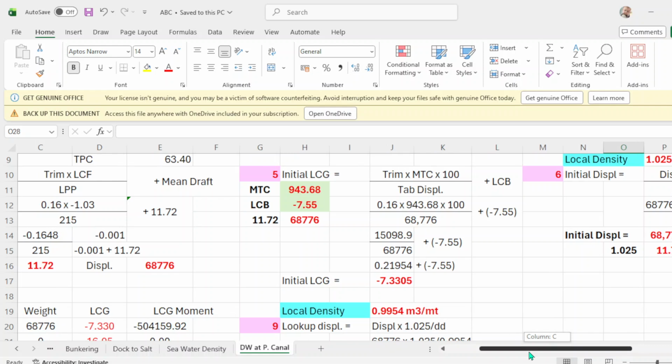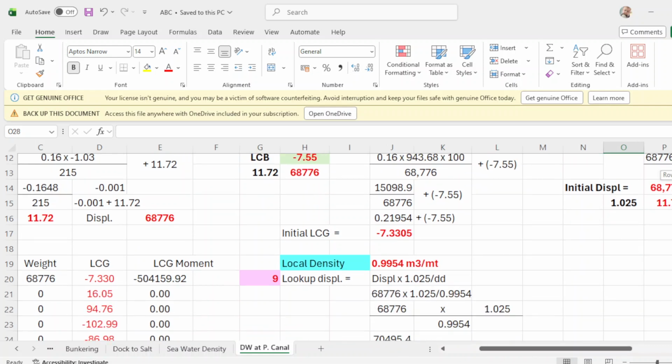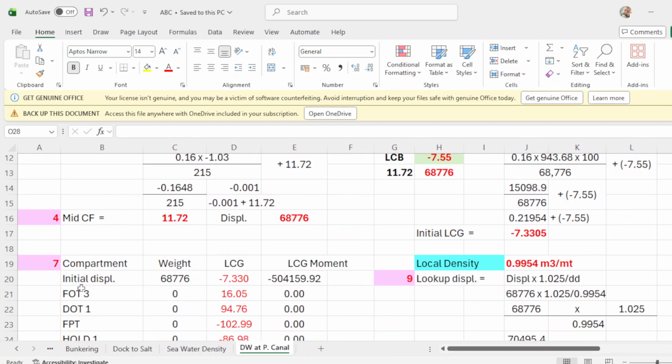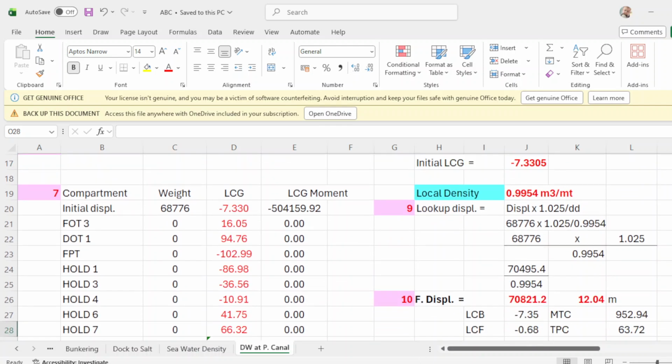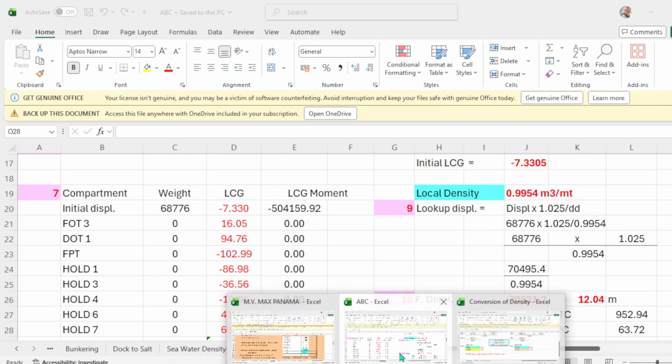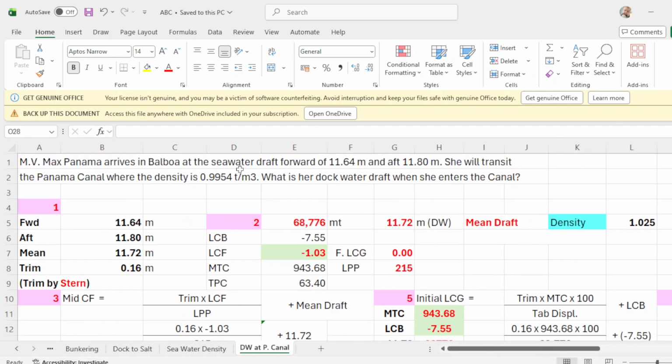So with your initial displacement, you put it here. Initial displacement will be 68776. Your initial LCG is negative 7.33. Okay. Multiply LCG times weight. That will be your LCG moment. But as you see in the problem, we did not load some cargo or discharge some cargo.